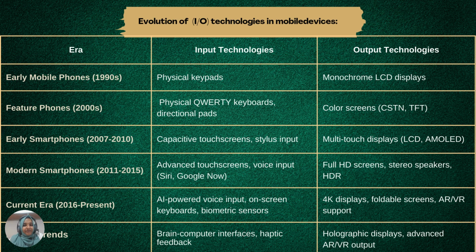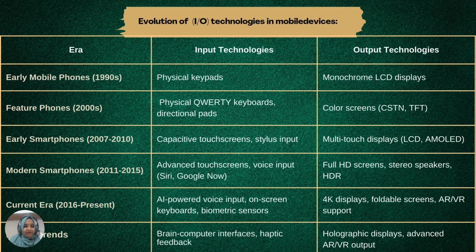So here's a quick recap of how input and output technologies have evolved over the years. You can see how the early mobile phones were designed, and time by time, the technology has evolved very fast. It started with just a physical keypad and went on to the brain computer interface and haptic feedback.